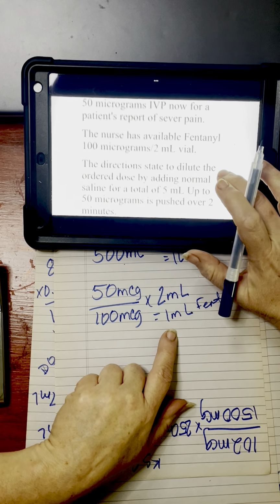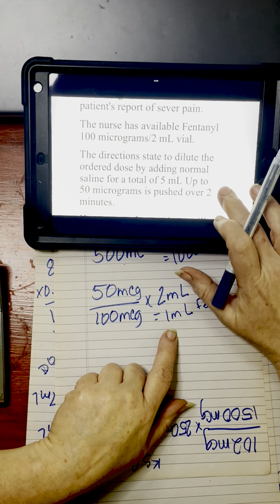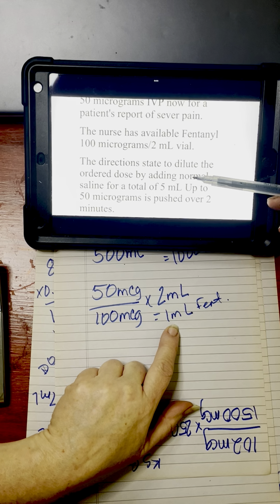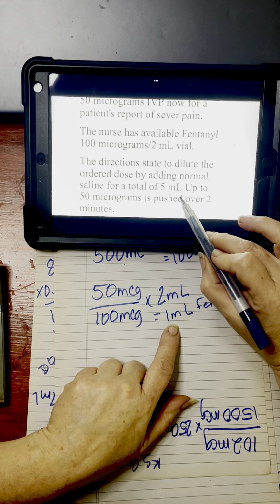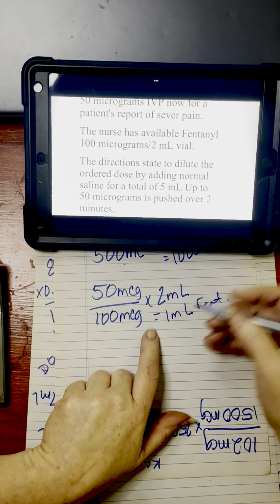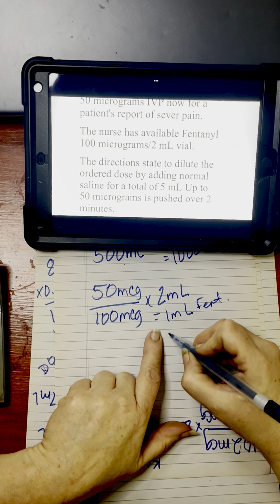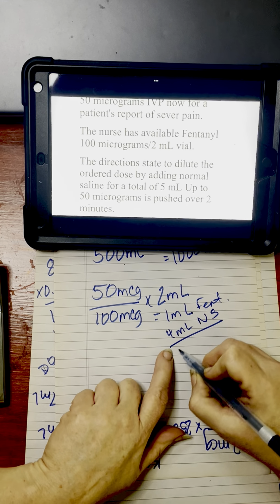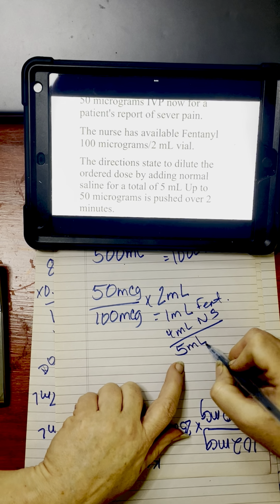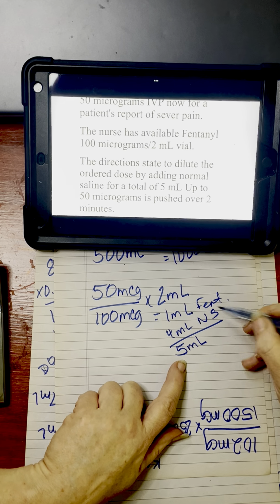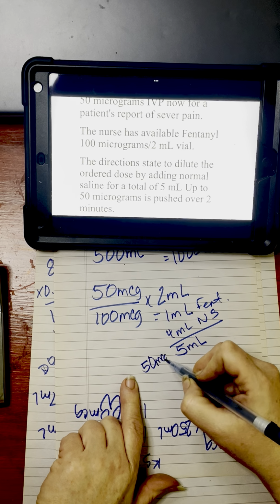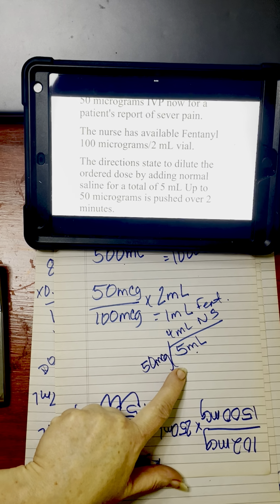Okay? And then it says we got to dilute that 1 milliliter to where the total volume is 5 milliliters. So, of course, we're going to add 4 milliliters of normal saline, but they're not asking this. I'm just showing you. And so the whole thing will be 50 micrograms per 5 milliliters.